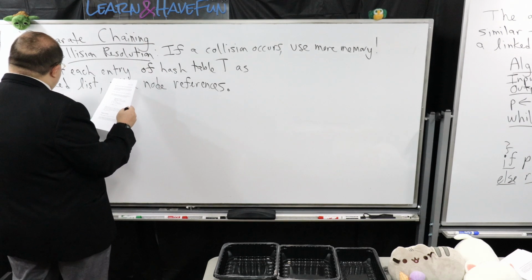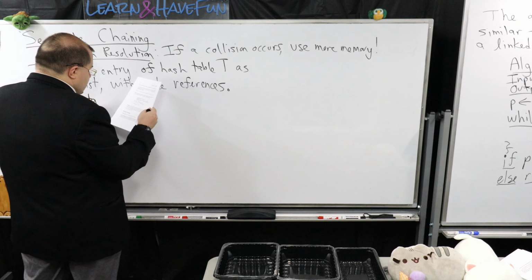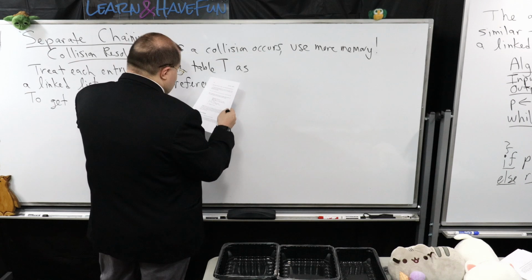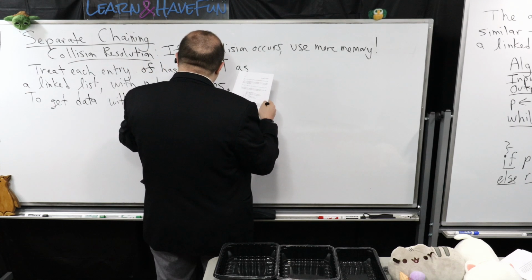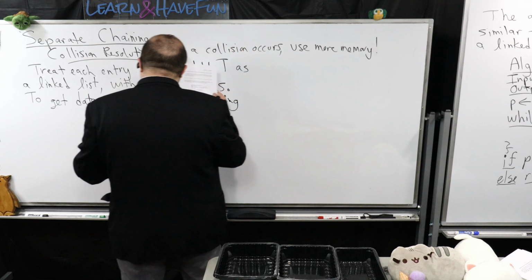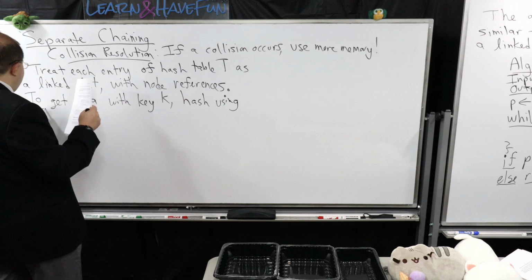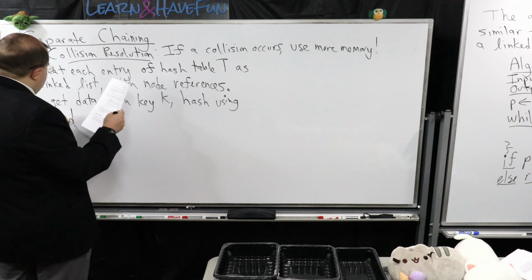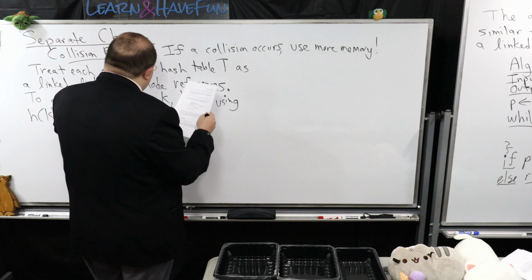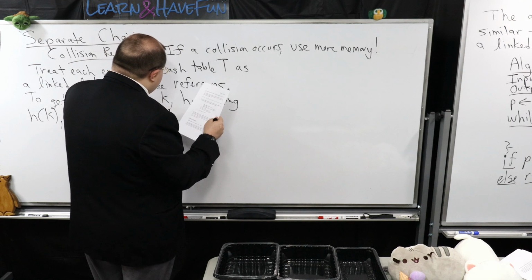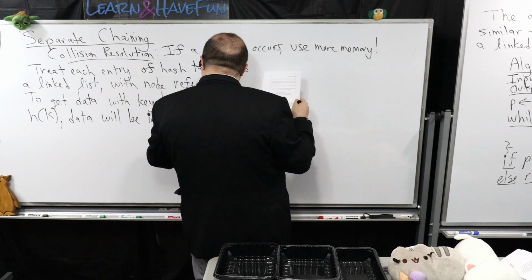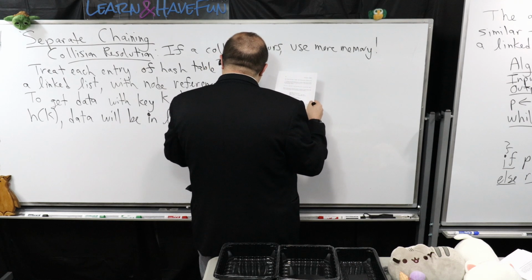So to get data with key k, we're going to hash using the hash function h of k. The data will be in the list T sub h of k.